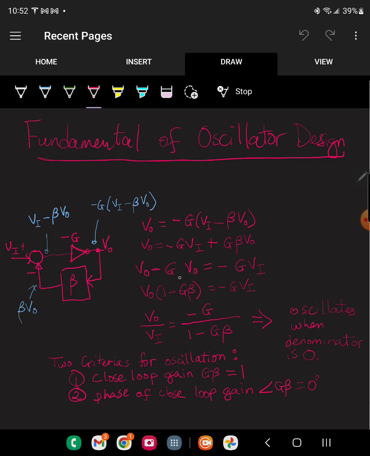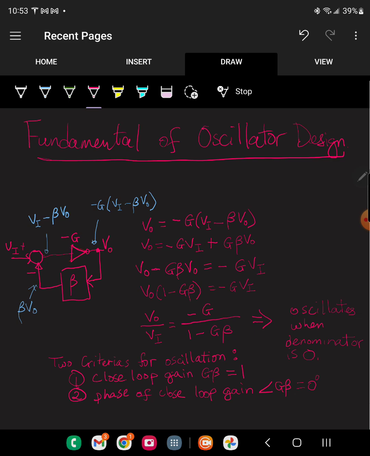So it's V out times 1 minus G times beta equals minus G times Vi. And the transfer function is equal to V out divided by Vi, so we divide both sides of the equation by Vi. We get V out over Vi is equal to negative G divided by 1 minus G times beta. So this is now the transfer function.